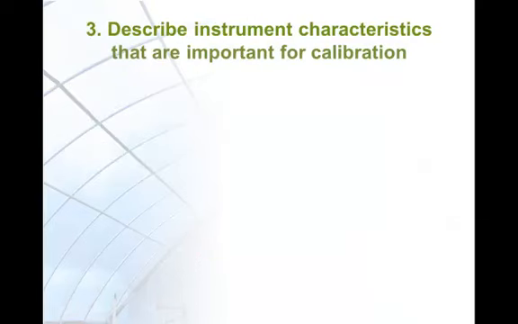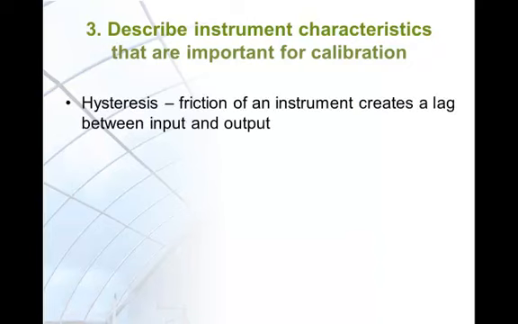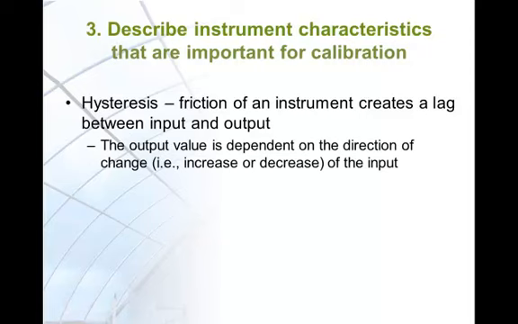Lastly, let's talk more in detail about hysteresis. Friction of an instrument creates lag between input and output. This applies both to mechanical and electronic sensors. The output value is dependent on the direction of change of the input. When input increases or decreases, internal friction delays the response of the output.